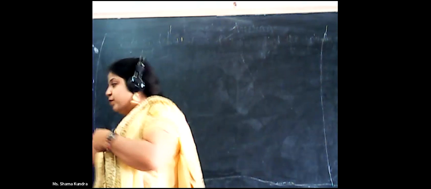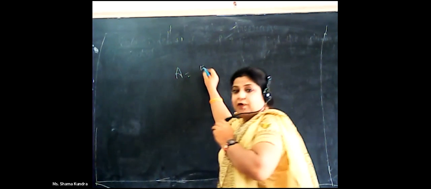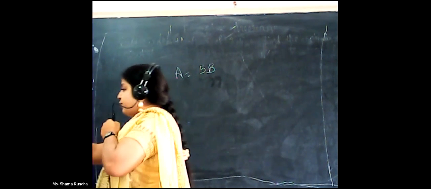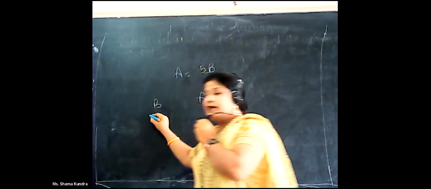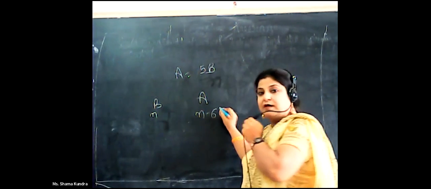Let me explain this one more time. What is the statement? A is 5 times faster than B. Means A equals 5 times B. Suppose B takes n days, then A will take n minus 60 days according to the given situation.